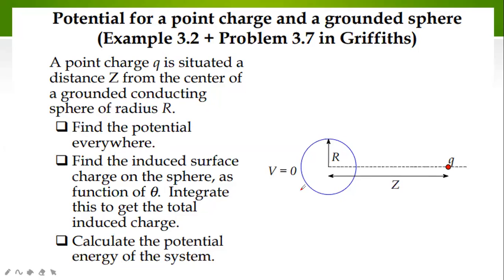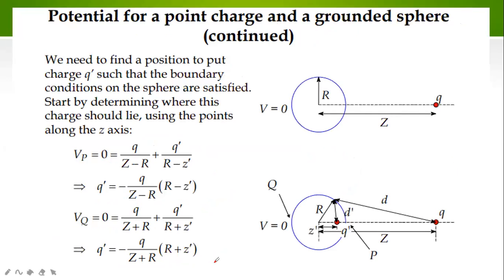This is your sphere, which is a grounded conducting sphere. A point charge q is situated at z distance. We have to calculate the potential everywhere. Find the induced surface charge on the sphere as a function of theta. Integrate this to get the total induced charge and calculate the potential energy of the system. So we have to calculate three things, and one by one we will calculate.